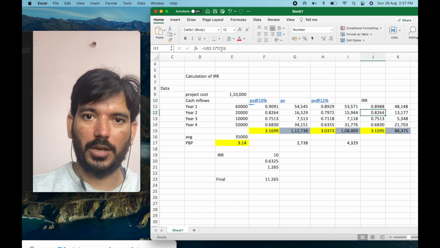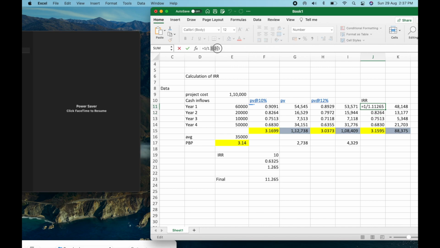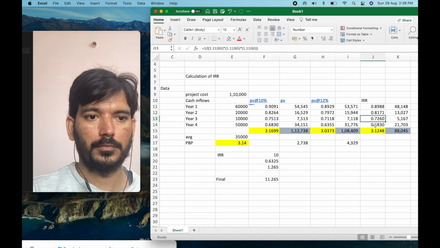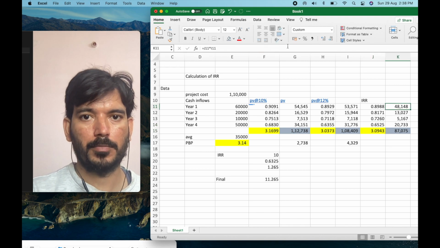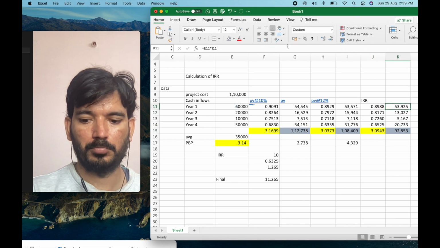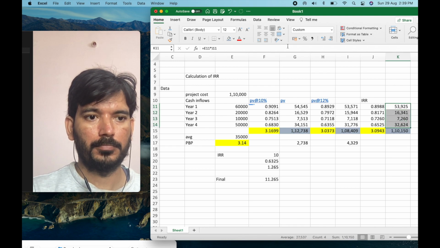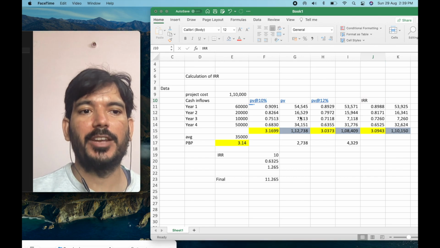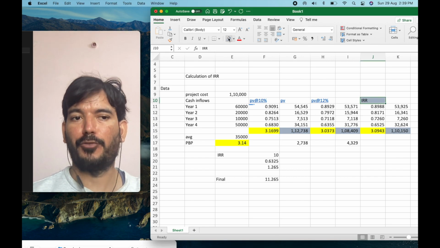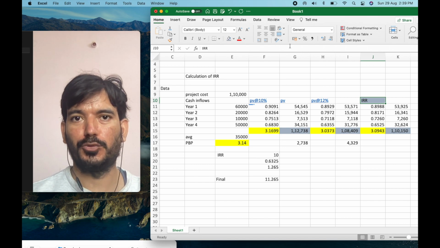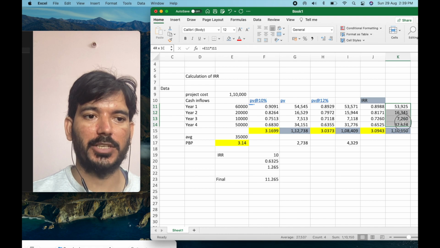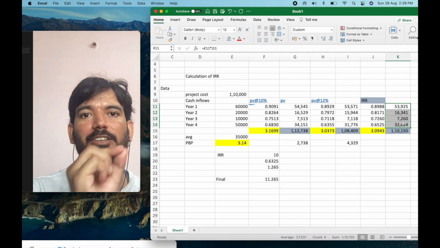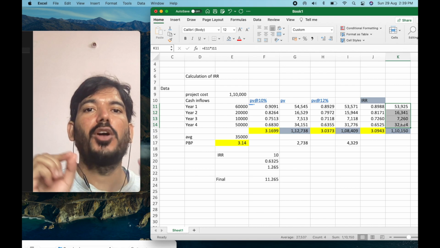I will do the same thing for all the other years. Now you can observe that when we are discounting at the IRR that we found out, 11.265, all our future cash flows equal 1,10,000, which means that IRR signifies the rate at which all your cash inflows will be equal to all your cash outflows.